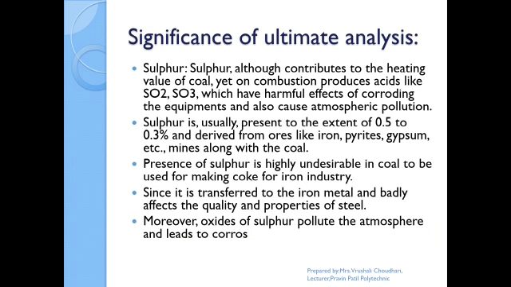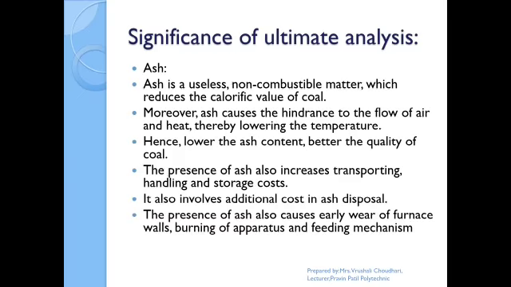Therefore, the percentage of sulphur allowed is 0.2 to 0.3 percent. The presence of sulphur is undesirable if we are using coke for the iron industry. It affects the quality of steel and increases corrosion.